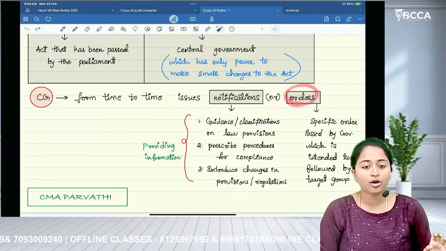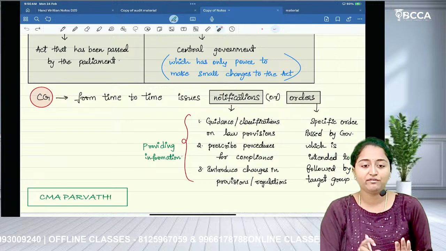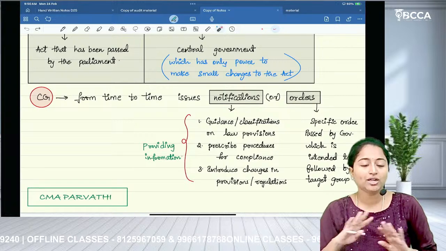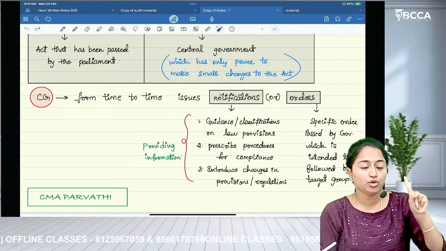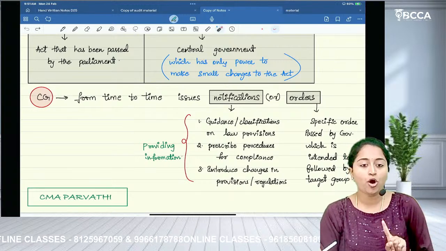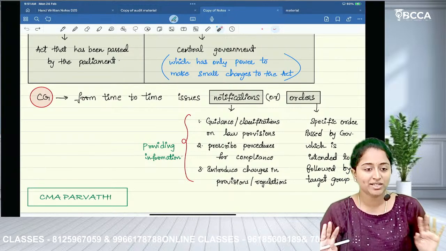Now, what are orders? An order is specially given for one sector or one industry. An order is not applicable to each and every one. Whereas coming to notification, if any notification is issued, then it will be applicable to all. But an order is only for the one sector or one industry for which that order is made.